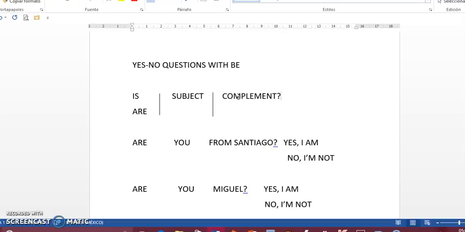Okay, examples of these yes-no questions. We are going to follow the same structure. Example: Are you from Santiago? Are is the verb be, you is the subject, from Santiago is the complement. The question says, are you from Santiago?